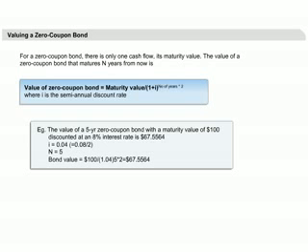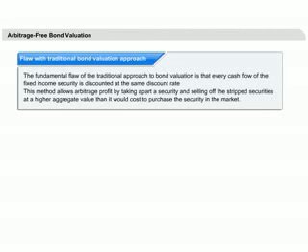The semi-annual discount rate is 1/2 of 8%, that is 4%. Using the formula, we get the value of the zero coupon bond to be $67.5564.